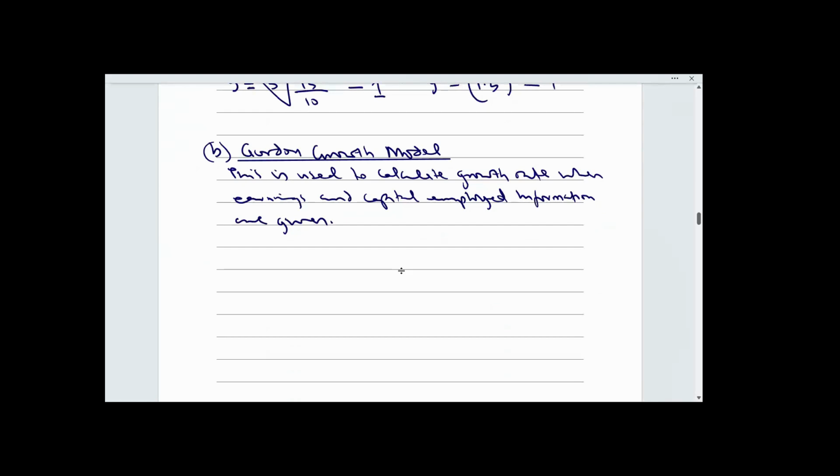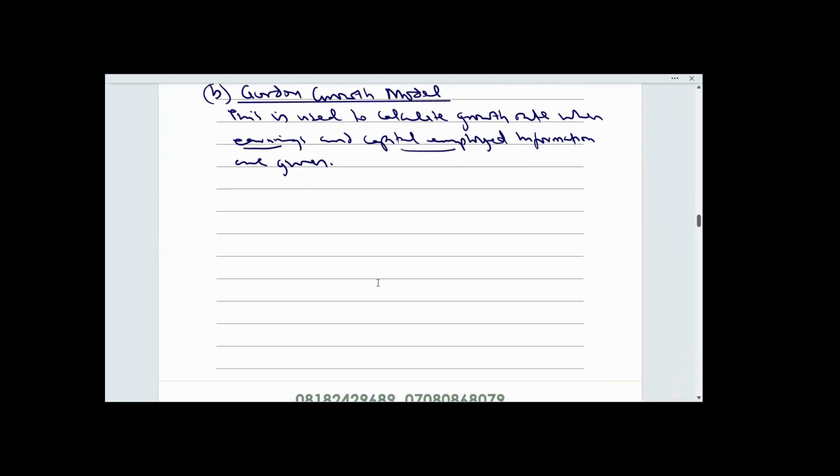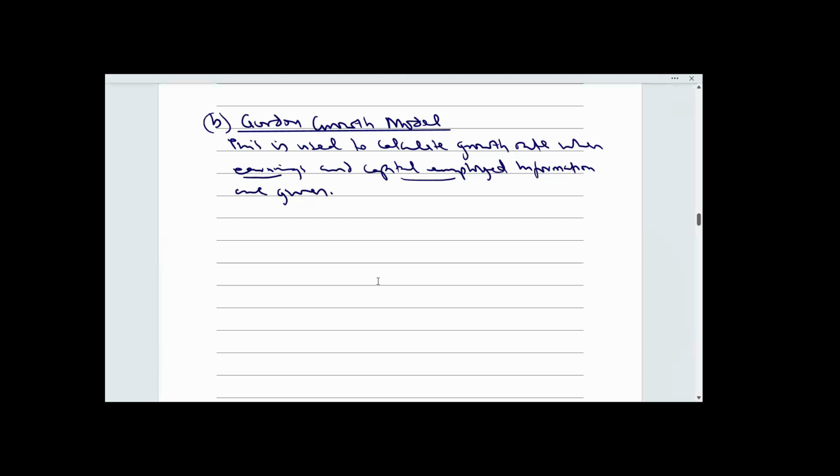So how do you then calculate growth rates under Gordon growth? Growth is calculated as return on capital employed multiplied by retention rates.